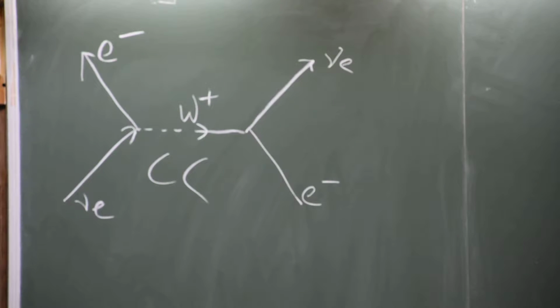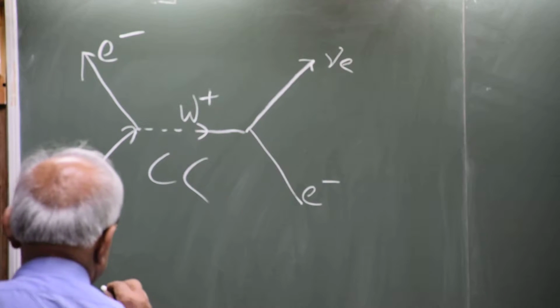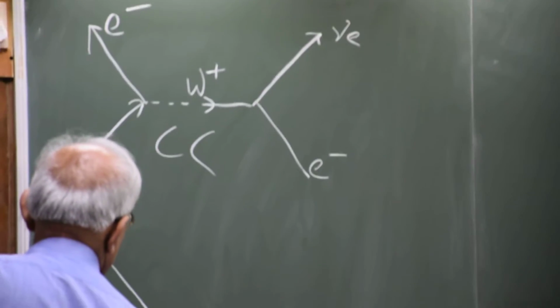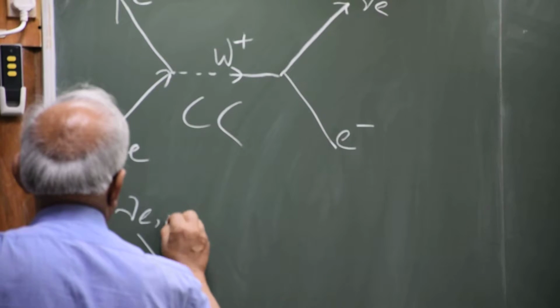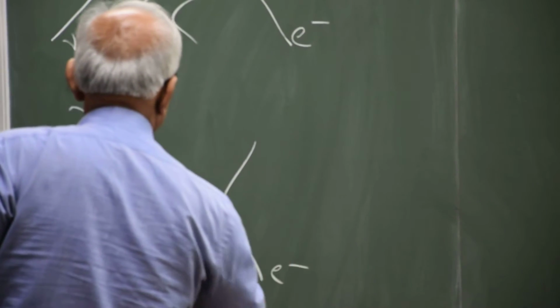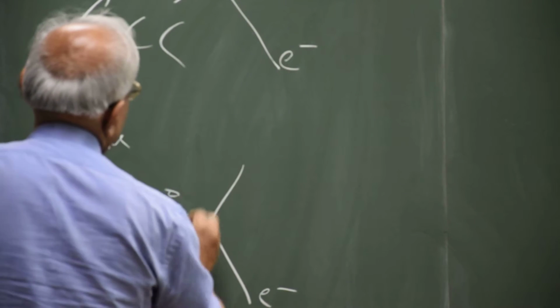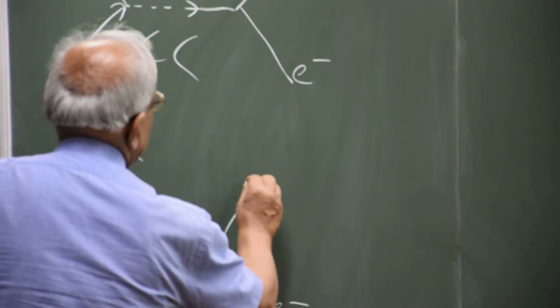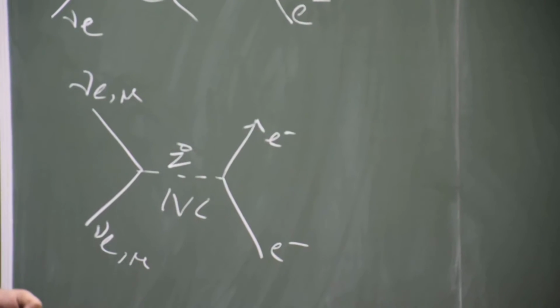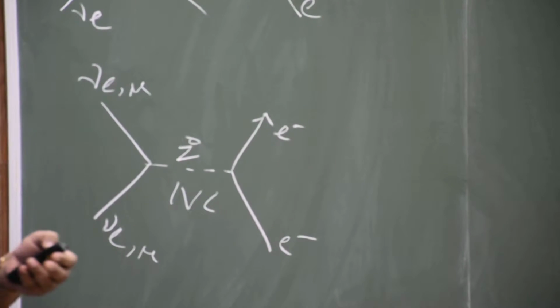But there is a neutral current interaction, where not only nu E but nu mu take part with equal strength. Clear?